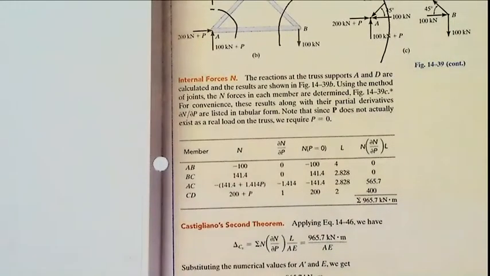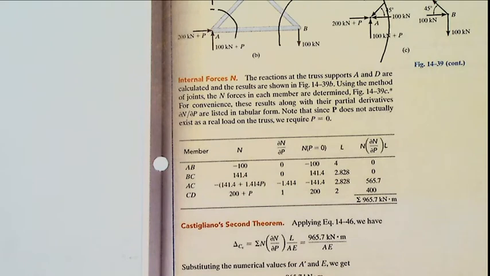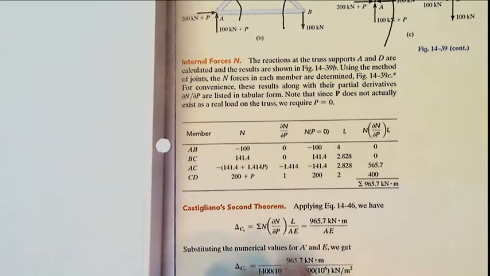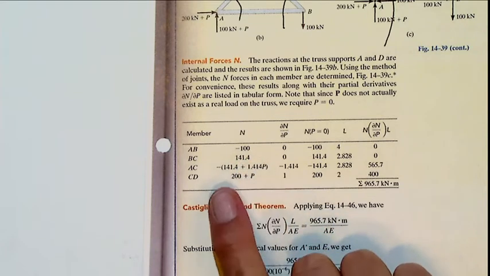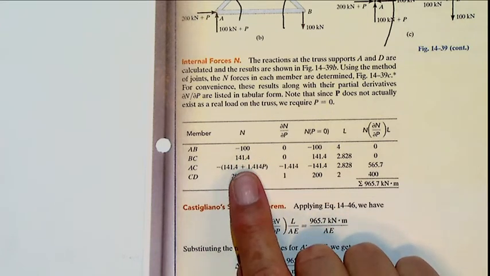So then we get, look please, in member AB, n equals minus 100. That is due to original forces only. Then in BC, 141.4.